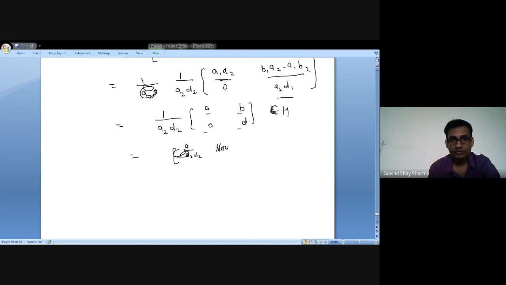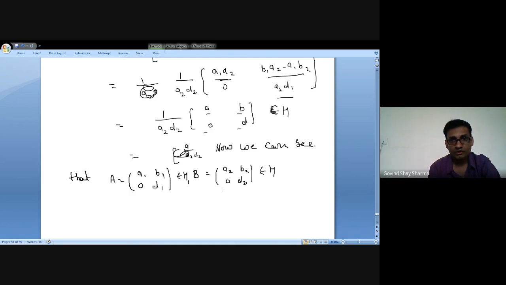Now we can see that A equal to a1 b1 0 d1 belongs to H and B equal to a2 b2 0 d2 belongs to H implies A B inverse belongs to H. What is A B inverse?